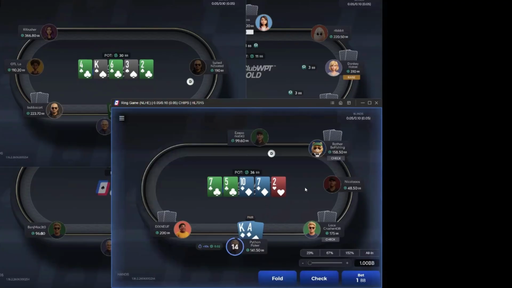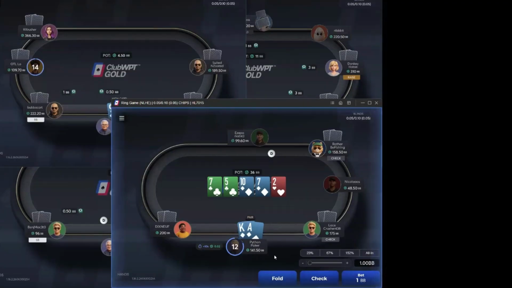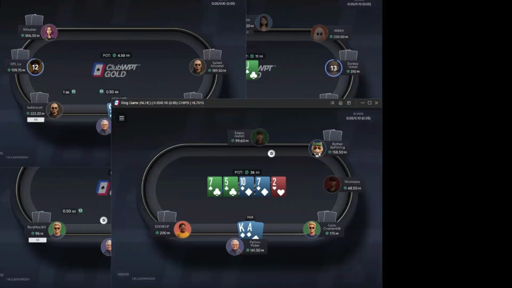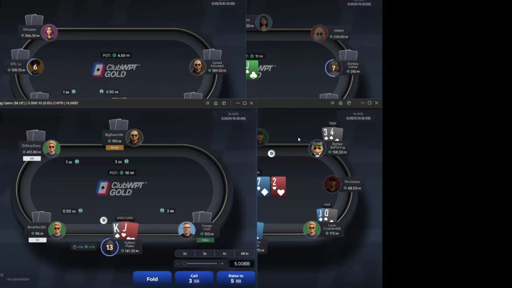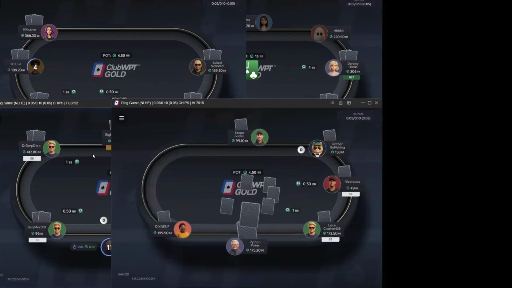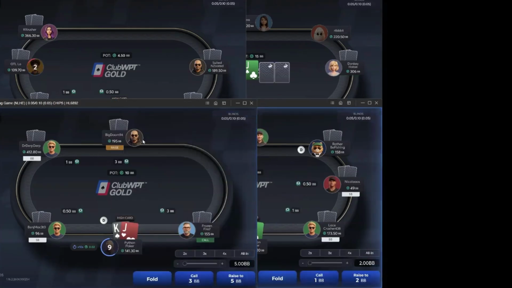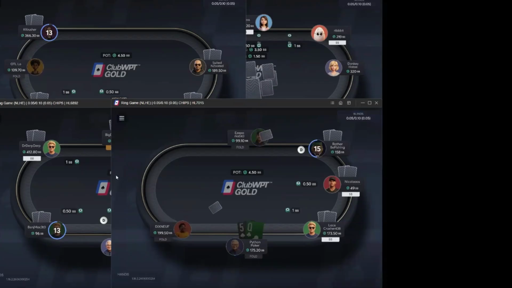All right, so here we have, I'm just gonna check the ace king. So we do have some showdown value with checking the ace king on the river, as you can see. Not ideal, but we're gonna call actually on the button with king jack offsuit.